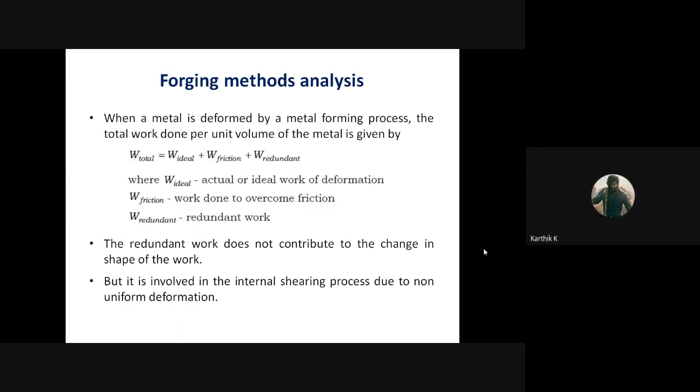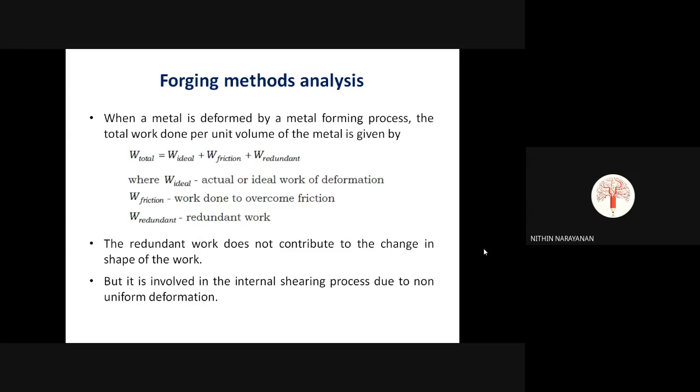Okay, sir. So in the last classes we were discussing the forging process. In the last module we discussed the rolling process. In this module we are discussing three types of processes: forging, extrusion, and drawing processes, including deep drawing.